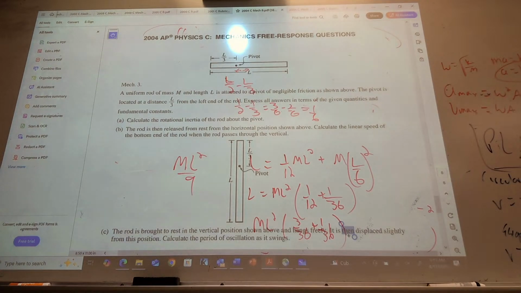So let's go to B. It's released from rest from the horizontal position as shown. Calculate the linear speed of the bottom end of the rod. So they're looking for v when it passes through the vertical. We're only getting the speed at the bottom, that v.